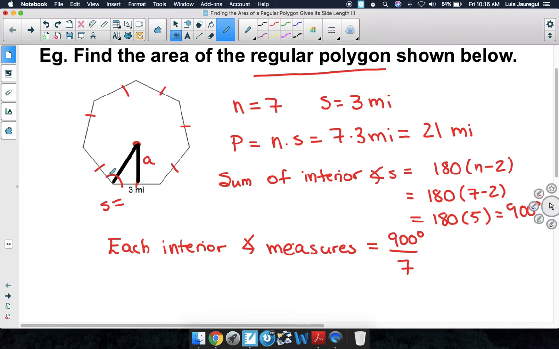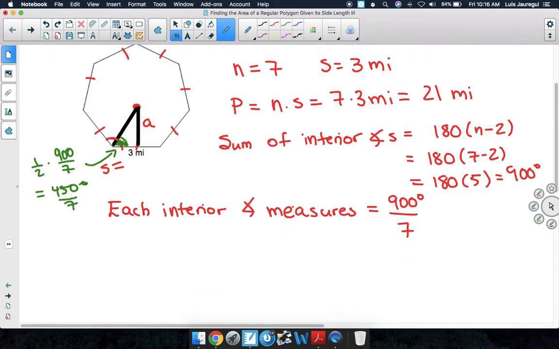Now, that's the measure of the whole angle, so we're going to split it up into two parts. If we bisect it, this tiny angle in green is going to be half of that. So the angle in green is going to be 1/2 times 900 divided by 7, which in turn becomes 450 divided by 7 degrees.